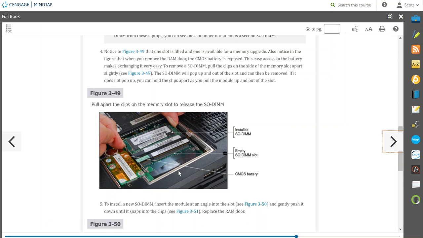They're running alongside. So you literally slide that thing into the bay and push down as you're sliding it in, and it'll lock it in place. The tabs are here that lock it into place, similar to what we saw on the desktop memory. There's a little CMOS battery there.